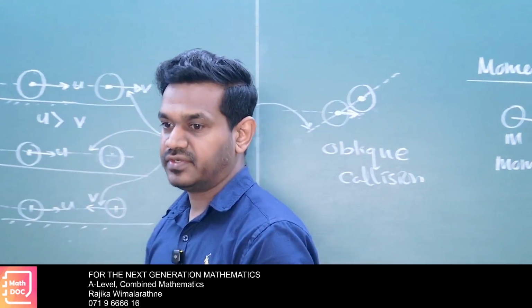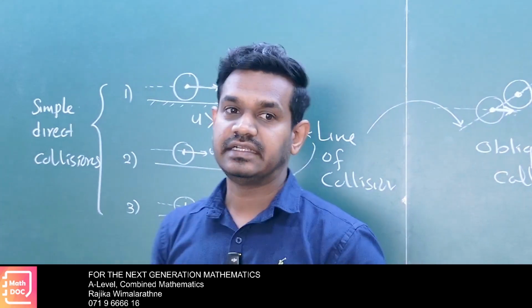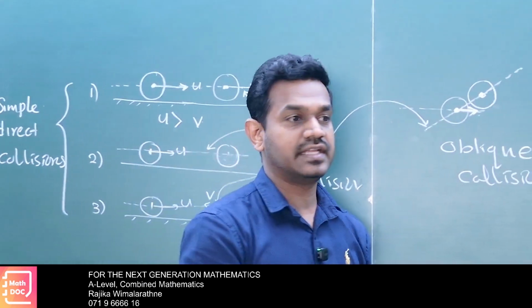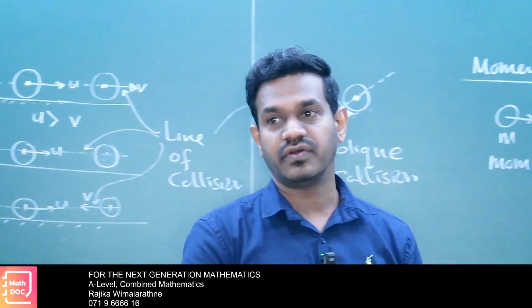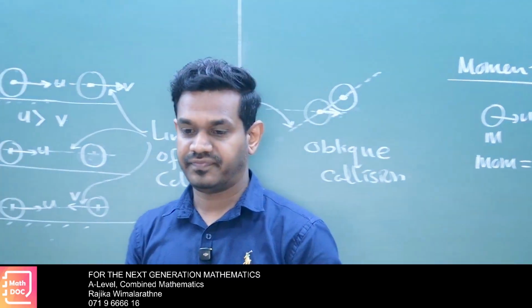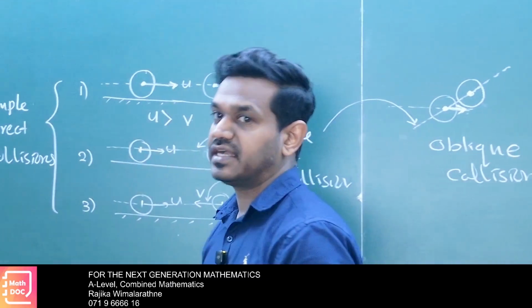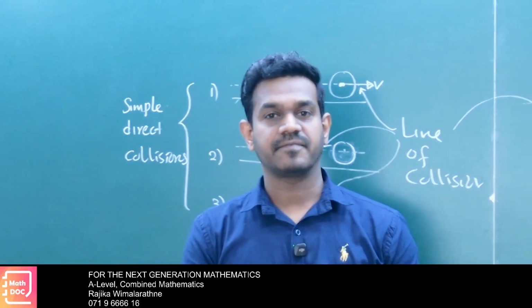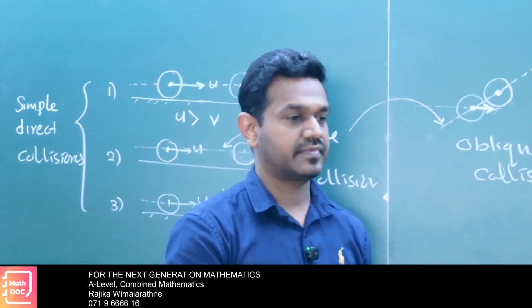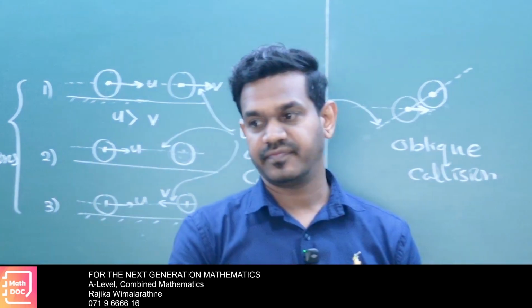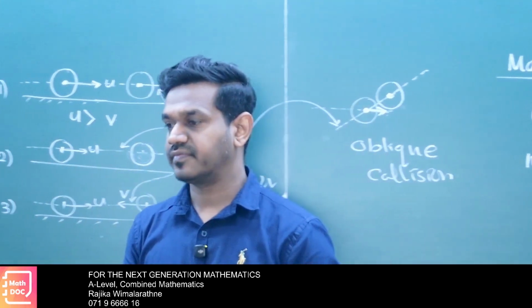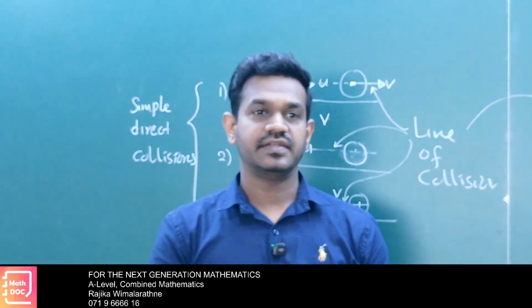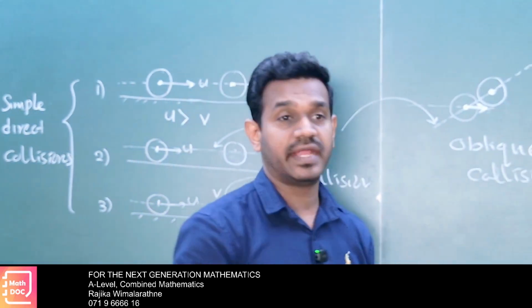Next line, write down. To analyze direct collision or an oblique collision, we use, first one, conservation of momentum.